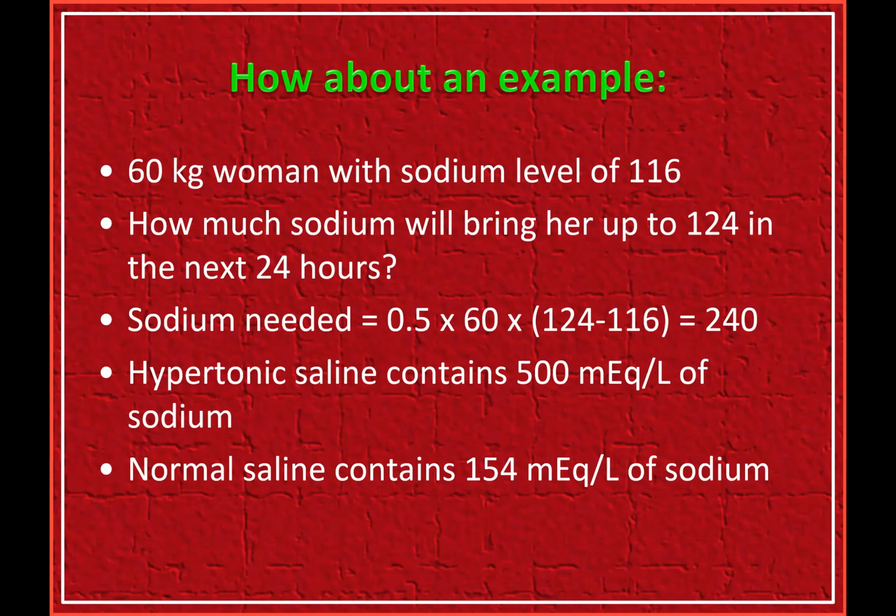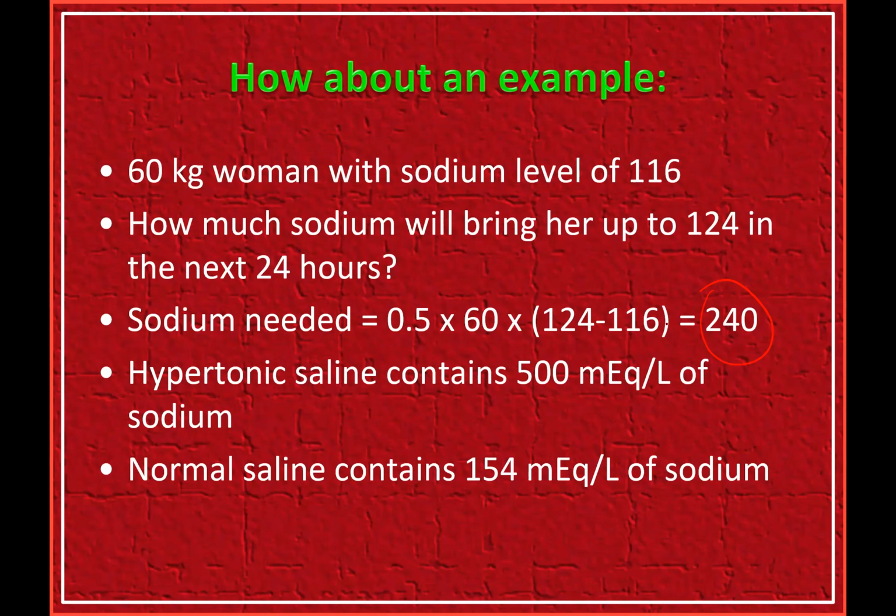That gives me 240 milliequivalents of sodium required to be infused. The calculation says half the body weight is water, so 0.5. Body weight is 60, initial sodium is 116, my target sodium is 124. So the calculation gave me 240 milliequivalents of sodium.